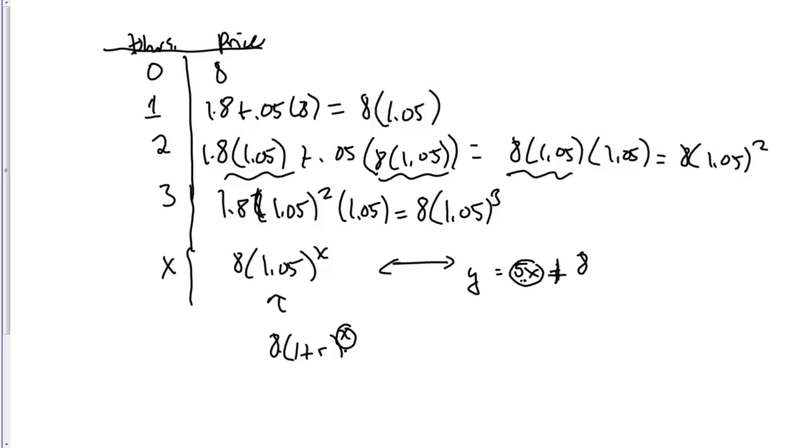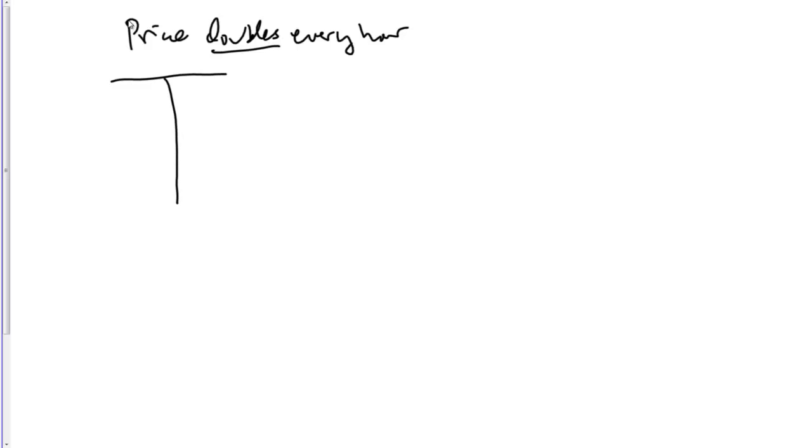So let's look at a couple of very special exponential functions, or at least one more here. Say the price, or whatever we're studying, the amount of bacteria or whatnot, doubles every hour. It's pretty easy to see what the exponential function is going to be here: the number of hours and the price.